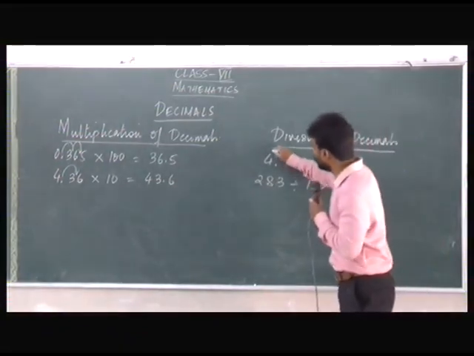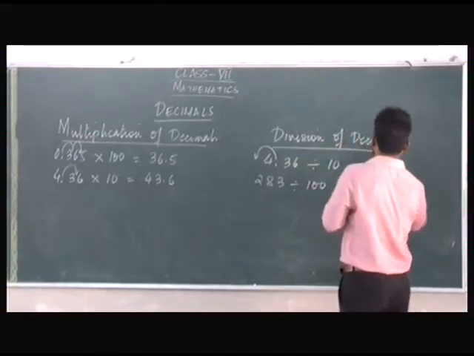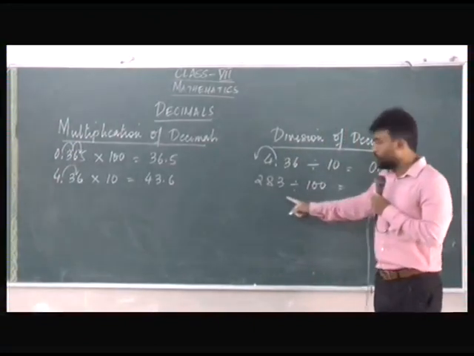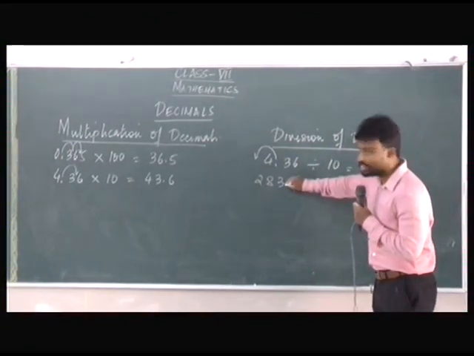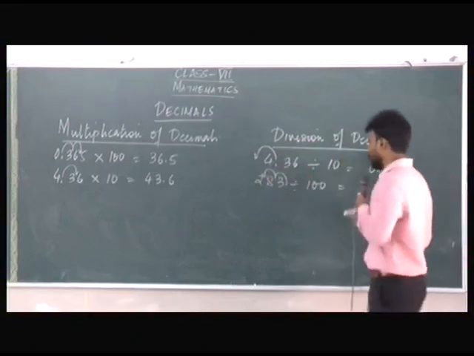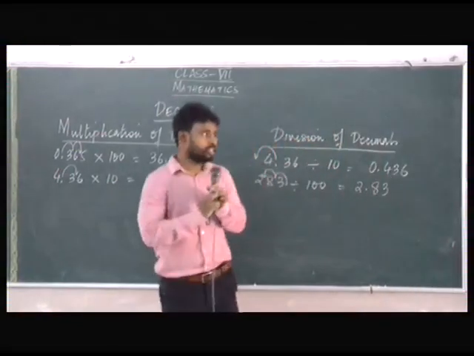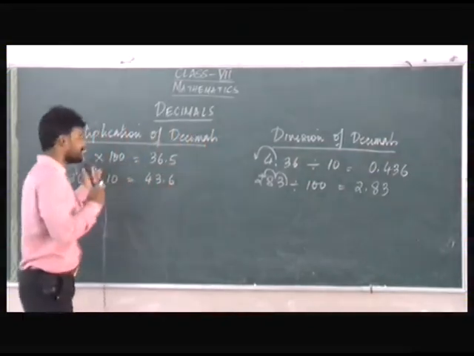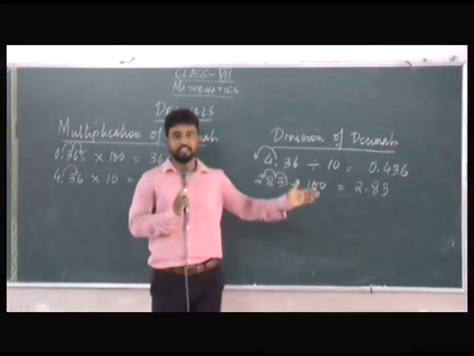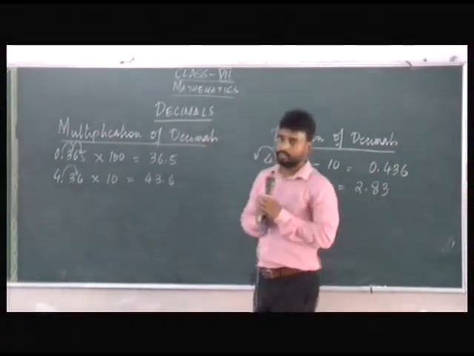So here the decimal will move 1 place to the left. So the ultimate answer will be 0.436. Here we are dividing 283 by 100. So we assume that the decimal is here. It will move 2 places to the left, and the ultimate answer will be 2.83. So this is how we multiply with numbers such as 10, 100, and this is how we divide with numbers such as 10, 100.